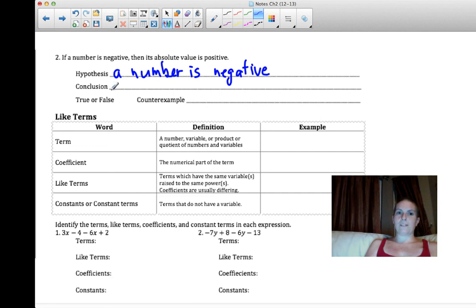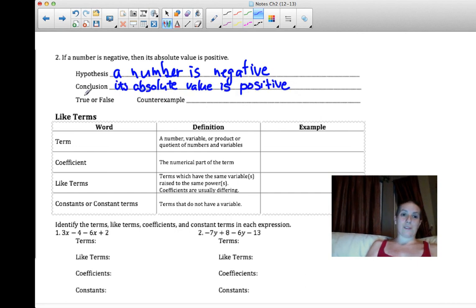The conclusion: its absolute value is positive. Hopefully you can see right away that this is a true statement, which means that we do not need a counterexample. Not applicable. A counterexample is not needed. Those are our conditional statements.